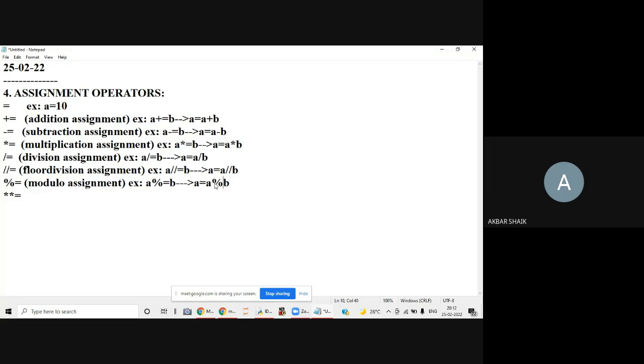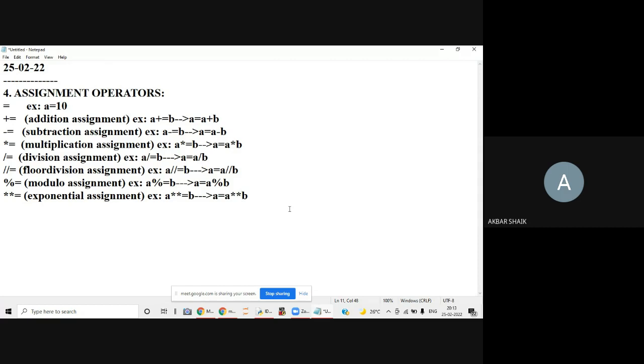Next, we'll have exponential assignment. Exponential assignment is a double star equals to b. That is a equals to a double star b.